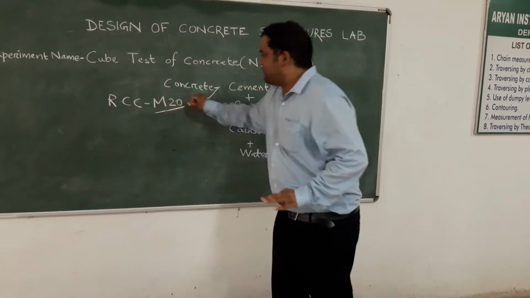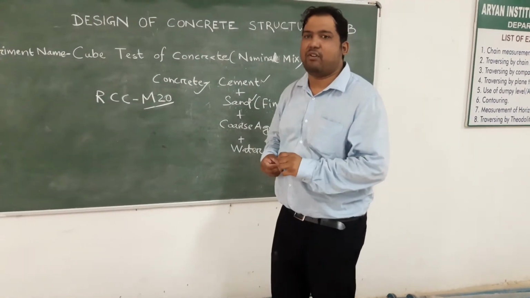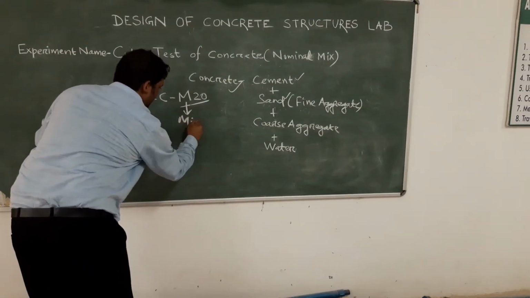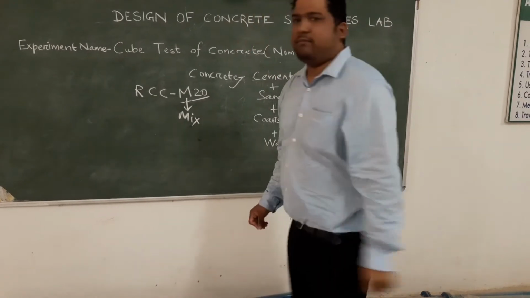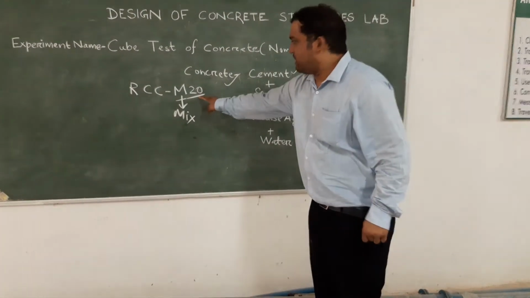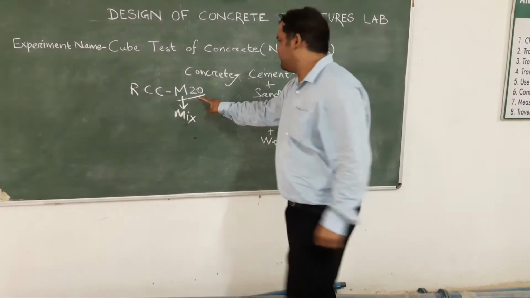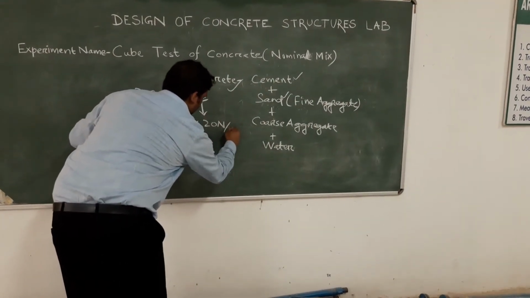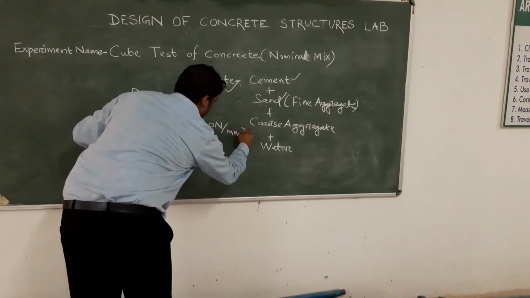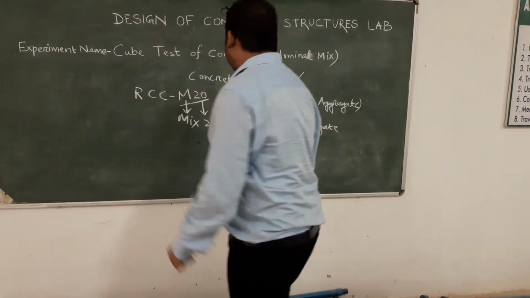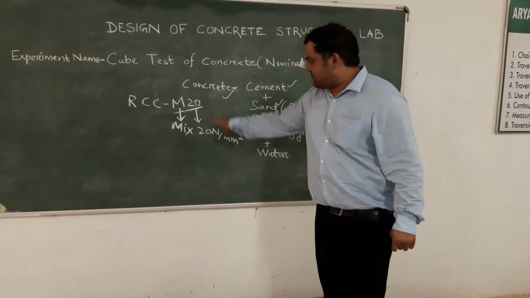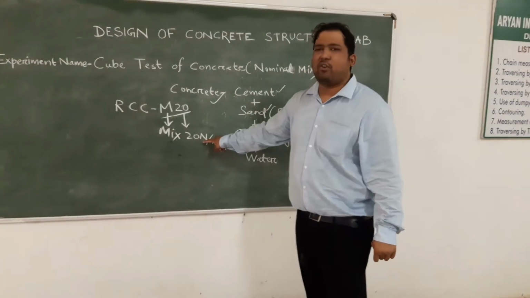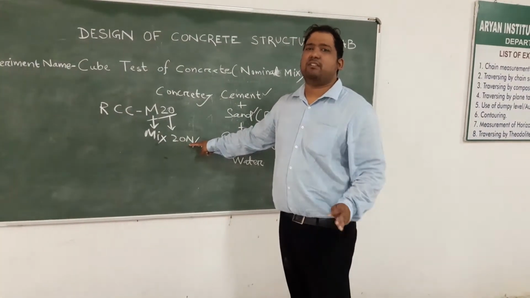In M20, M stands for mix and 20 stands for 20 Newton per mm square. We call it characteristic compressive strength.